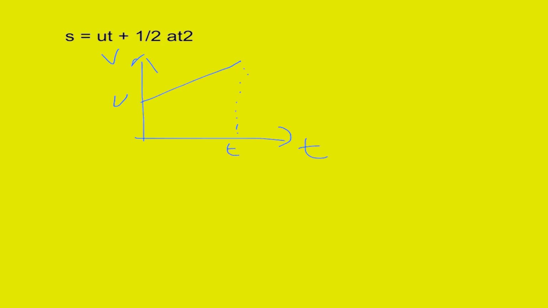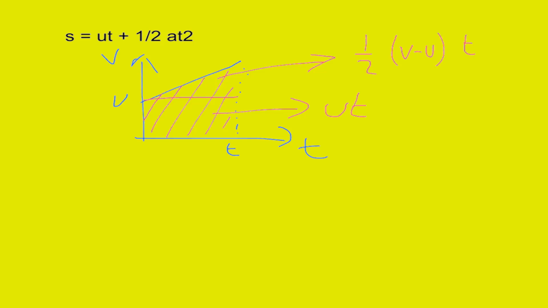Once again, it's this area that we're interested in finding out. Now, we could quite easily pretend that this is a rectangle at the bottom with area ut and a triangle at the top, and the area of the triangle at the top is going to be a half times the height. Now the height is just v minus u, but we already know that v minus u is at, so we can say half times the height, v minus u, times t.